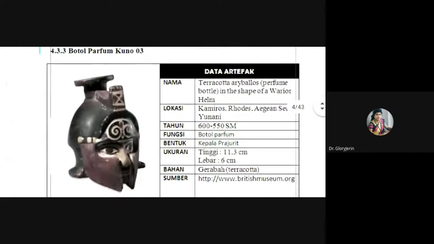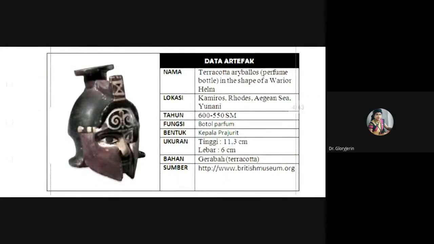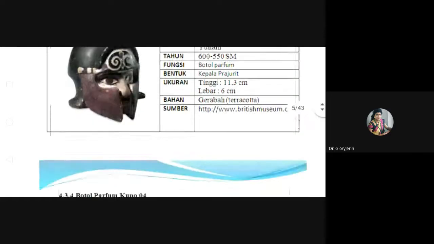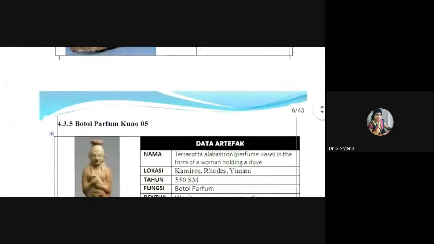This is an attribute, not similarity, but we can interpret a causality of relationship between the warrior helm and masculinity.